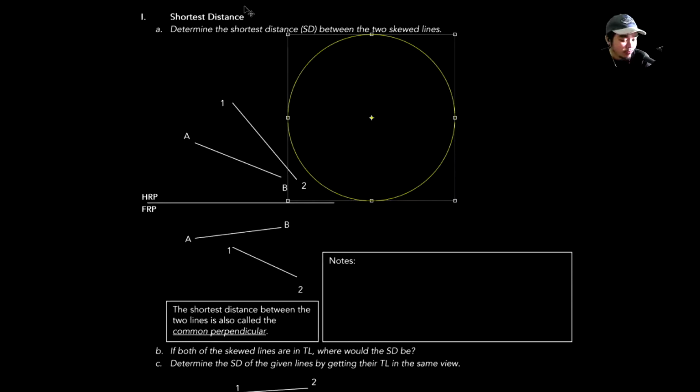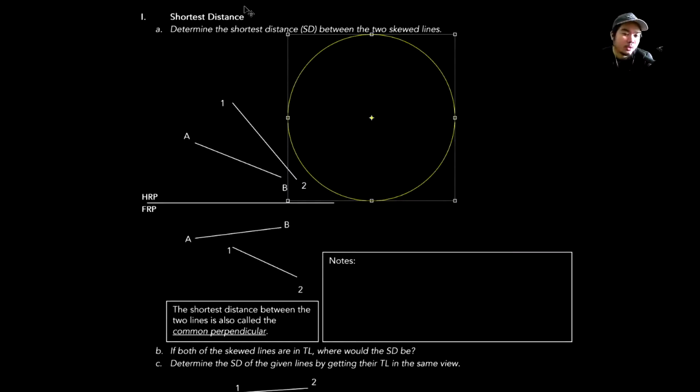Maghahanap kayo ng isang view wherein both of those pencils are shown in their true length. You'll notice that if they are in their true lengths, yung apparent intersection nila at that particular view is actually the point view of the common perpendicular or the shortest distance of your skew lines.